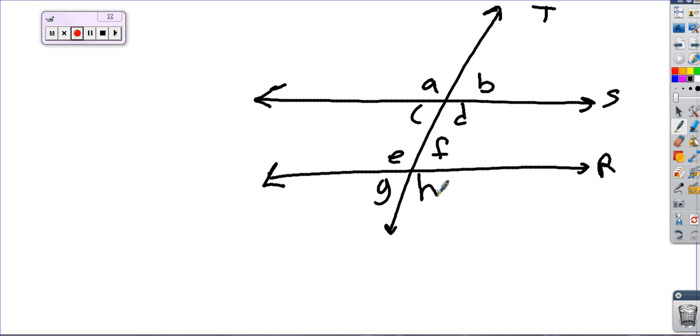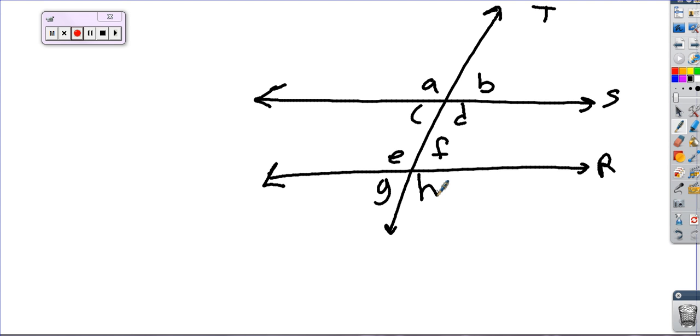Alternate interior angles like C and H, they're opposite sides of the transversal, but they have to be both in the middle. So this is the middle, C, D, E, F. So which one is it? F and C, and D and E, because they're both in the middle, alternate interior. Interior is the middle ones.